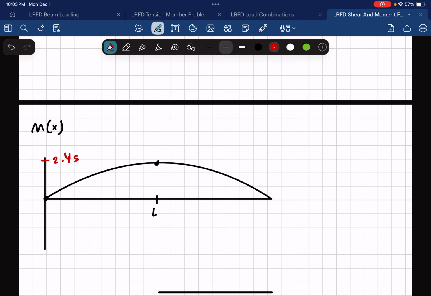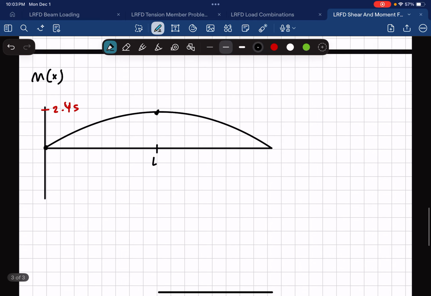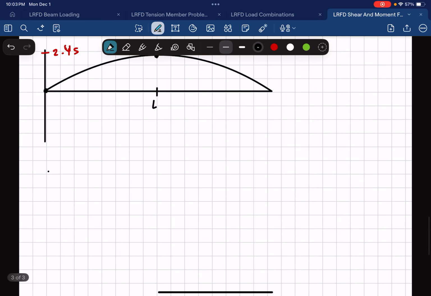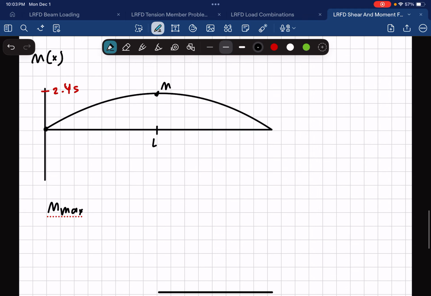Now, another way that you can commonly go about dealing with a distributed load is you can look at a common equation for a distributed load, and your moment max, which is going to correspond to this point here, is equal to 1/8 of your distributed load times your length squared. So if we do that, we have 0.125, which is that 1/8.